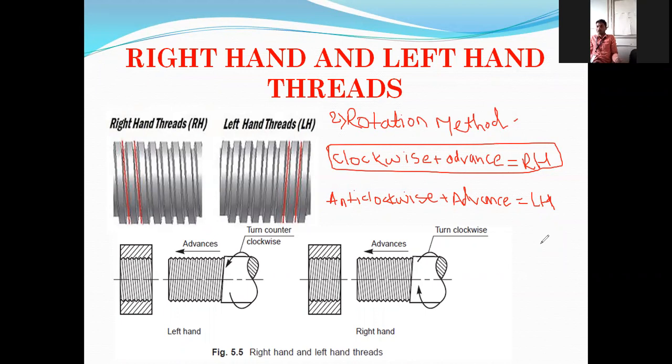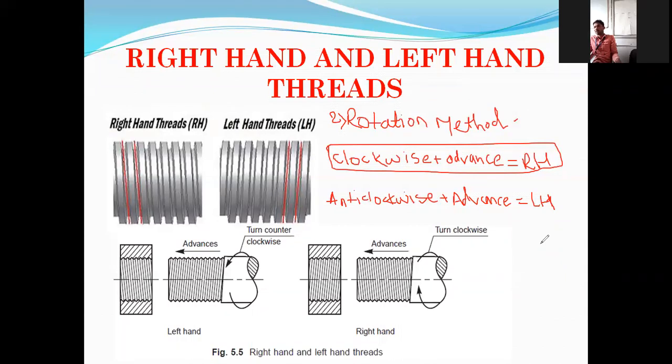Advance means going forward. So which type of thread will that bolt have? Right hand. This is the simple formula you can remember: clockwise rotation plus advance equals right hand thread.